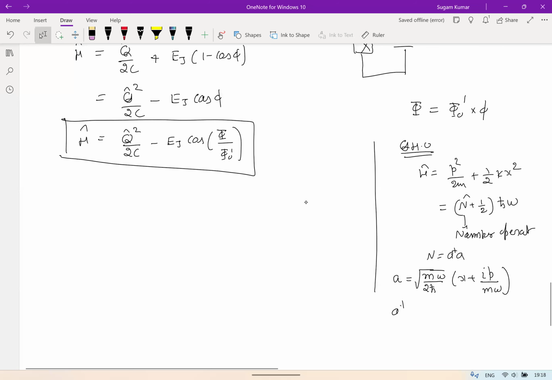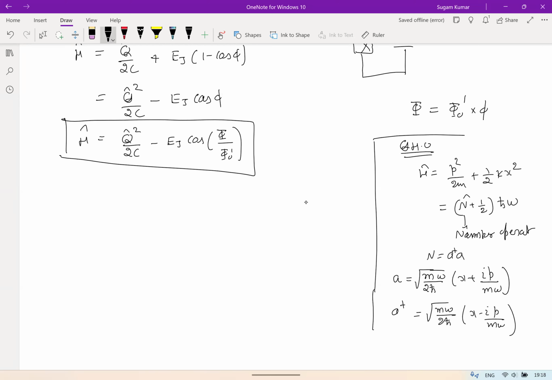And this A dagger is simply the complex conjugate, x minus iota p by m omega. So, I'm just giving you a clue that the mathematics looks more elegant when you write this Hamiltonian in terms of a number operator. Similar kind of thing we're going to do here also.